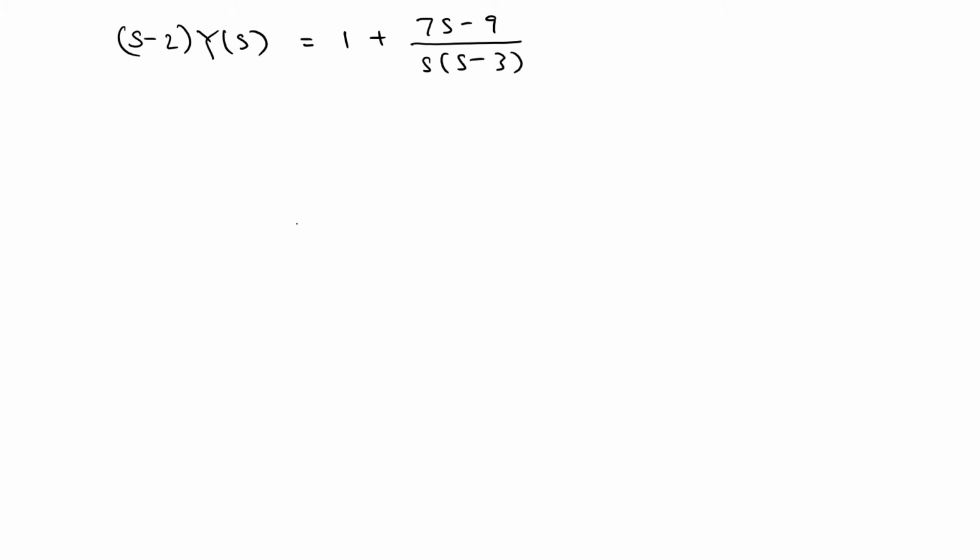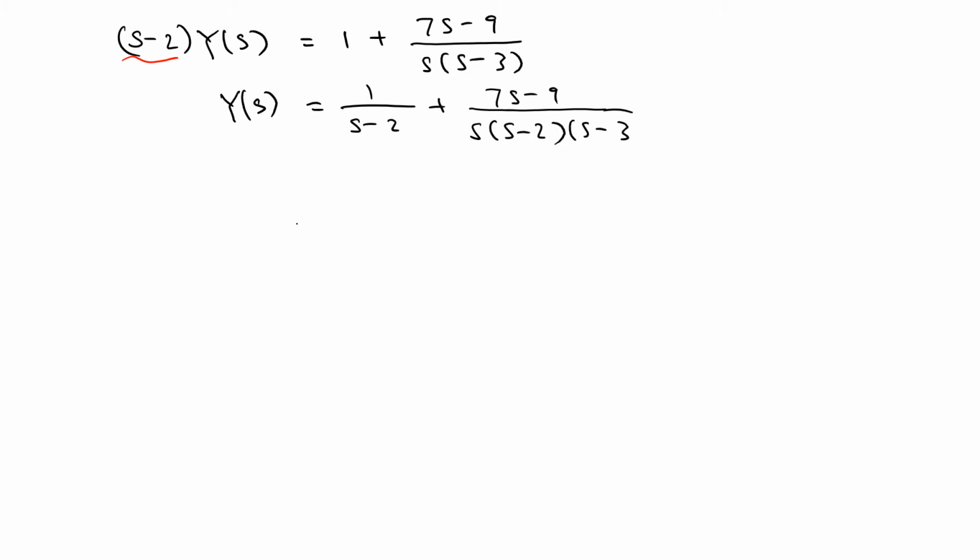That's what you get. And then we divide both sides by s minus 2. So that means Y(s) is simply 1 over s minus 2 plus (7s minus 9) over s times (s minus 2) times (s minus 3).